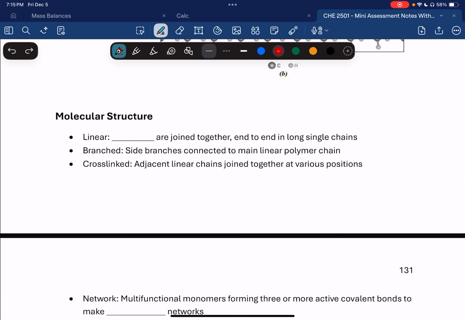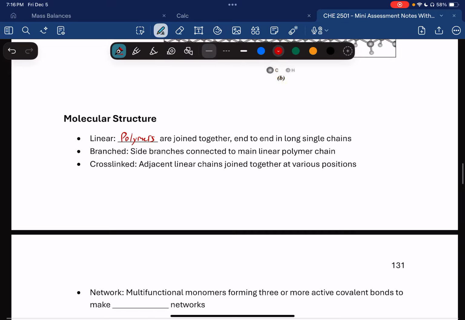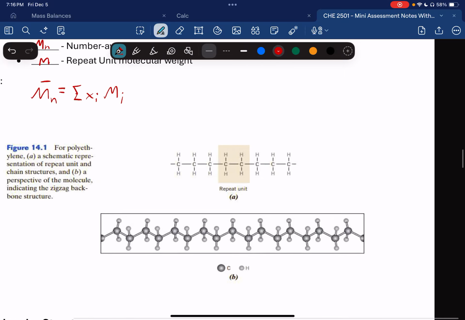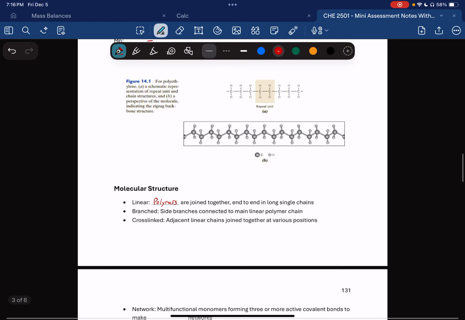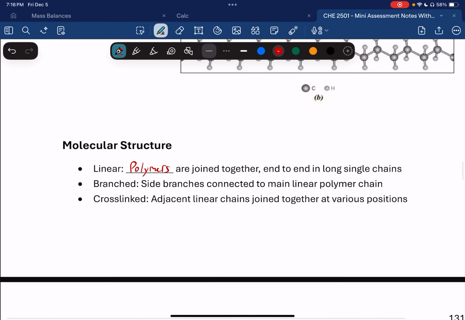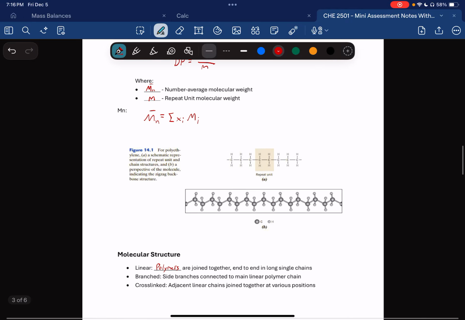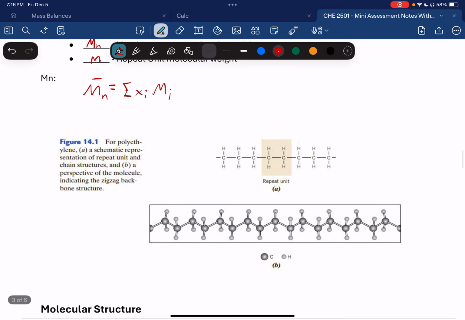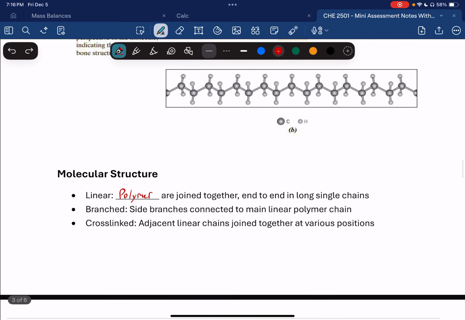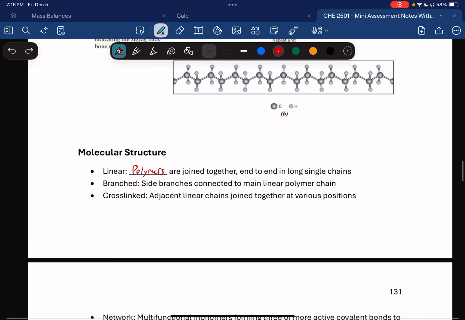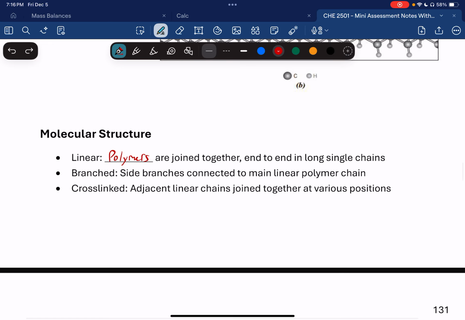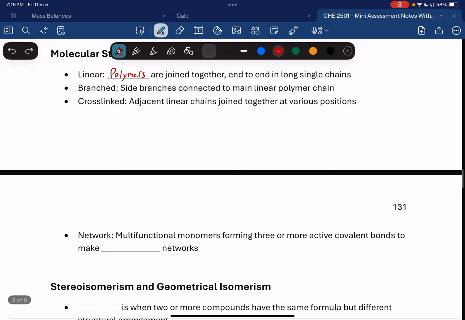Molecular structure, linear. Linear structure polymers are joined together end to end in single long chains, exactly like we just saw up here. Simple molecular structure. Branched: side branches are connected to the main linear polymer chain. So imagine we just had a branch coming off here. That's what that would look like. Cross-linked: adjacent linear chains joined together at various positions. Just another step up from branched.